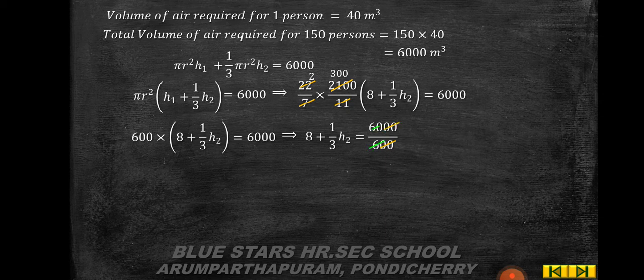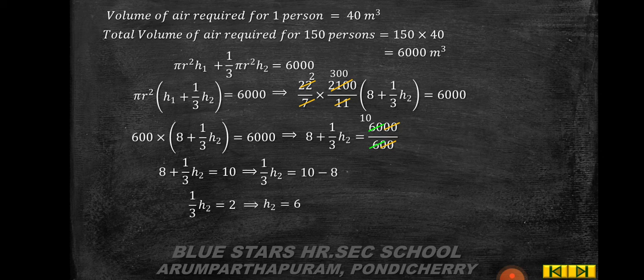So 10 times. 8 plus 1/3 into H2 is equal to 10. 1/3 into H2 is equal to 10 minus 8. 1/3 into H2 is equal to 2. From this, H2 value is equal to 6. Therefore, the height of the conical tent H2 is 6 meter.